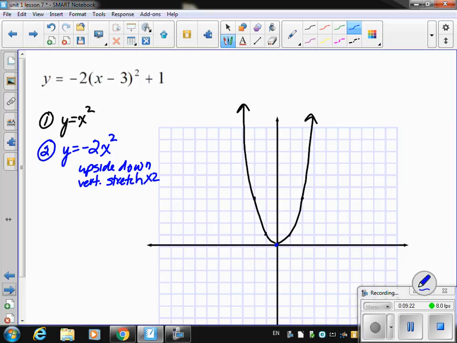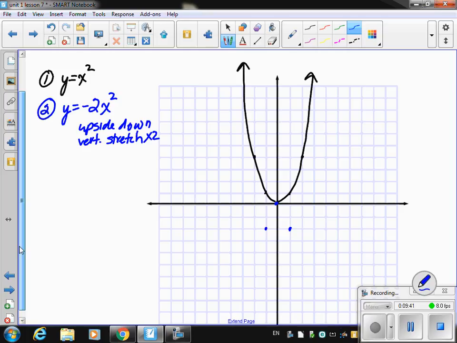Instead of over 1, up 1, it's going to be over 1, down 2, both sides. Back to the vertex. Instead of over 2, up 4, it's going to be over 2, down 8, on both sides. And there we have an upside down, twice stretch.